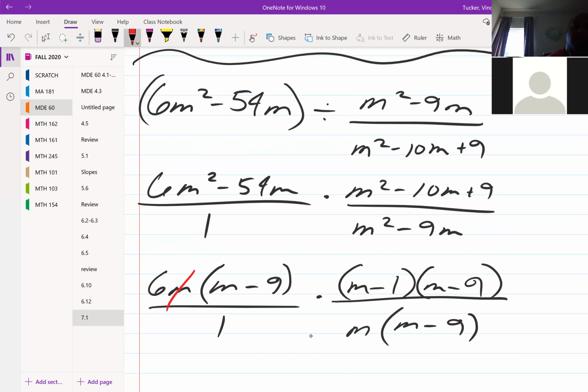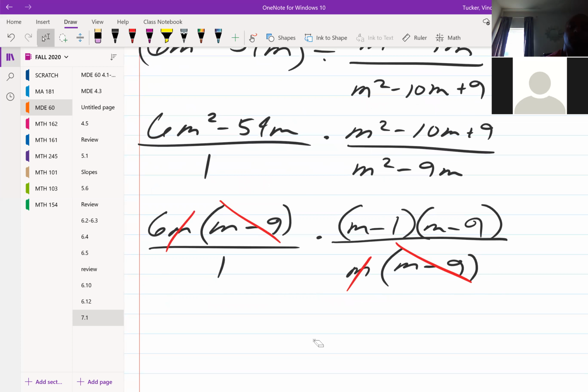All right. M and m will cancel. M minus 9 will cancel, or I could have canceled out with this one right here. Just remember that you only can cancel it out once. And it looks like that's it, huh? Minus 9, minus 1. Yep. So there's nothing down bottom that's left.